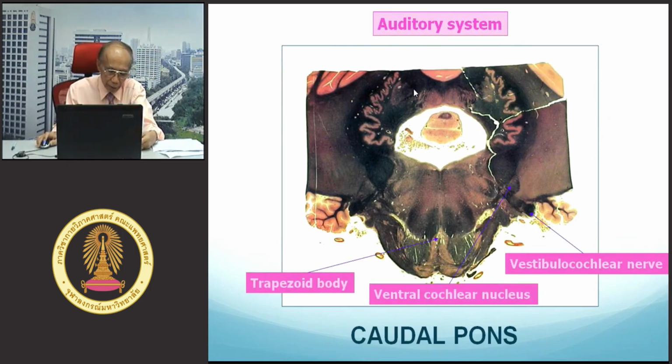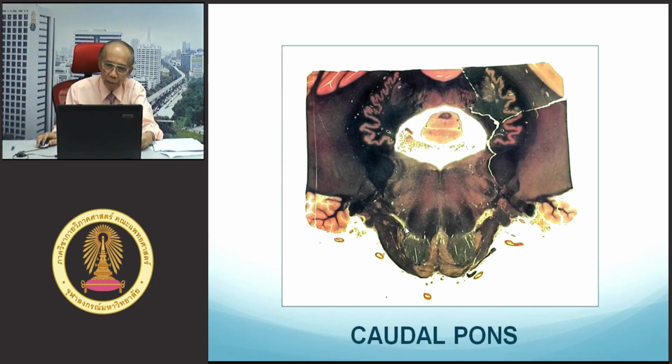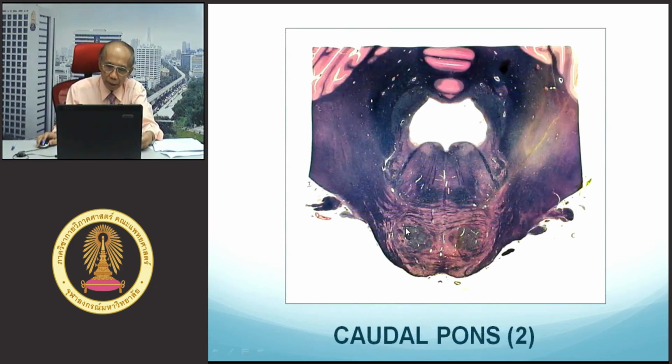The auditory system includes the vestibulocochlear nerve, the ventral cochlear nucleus, and the trapezoid body. The caudal pons number 2.